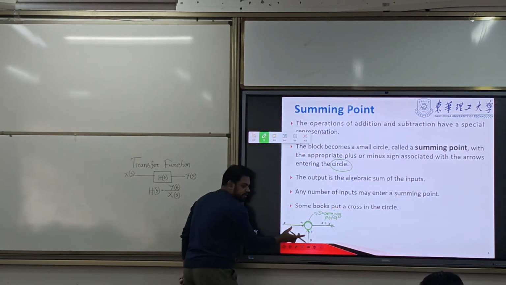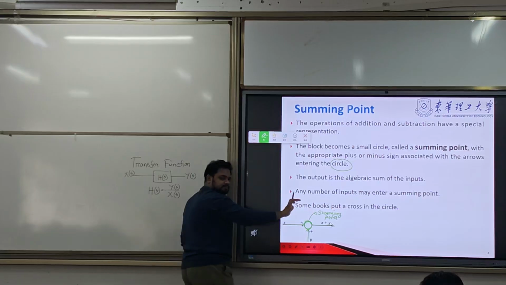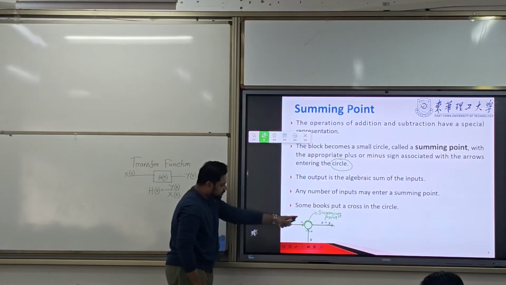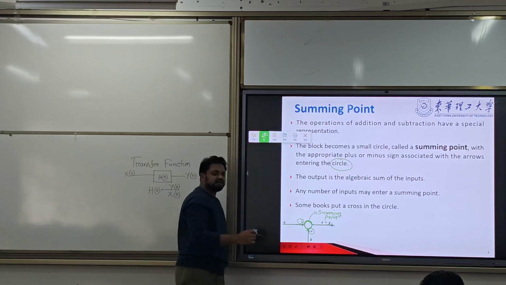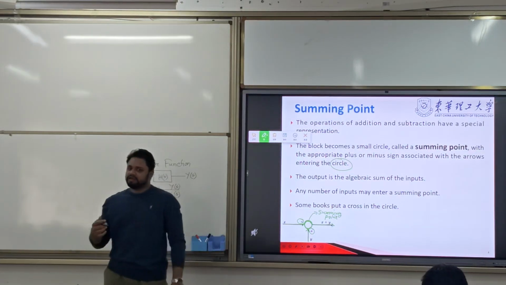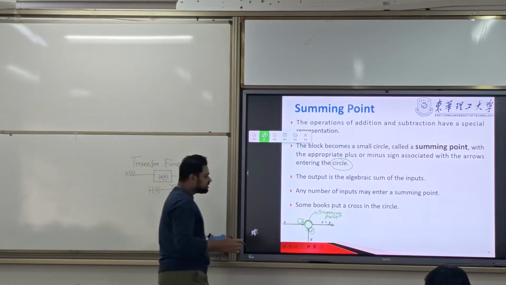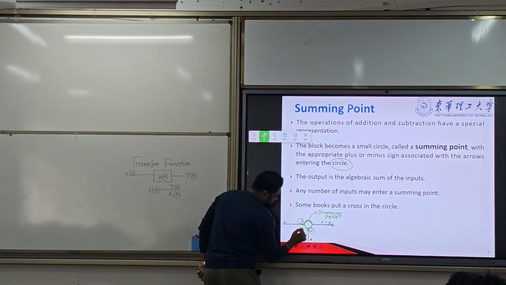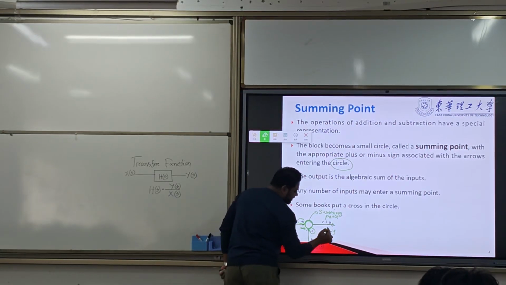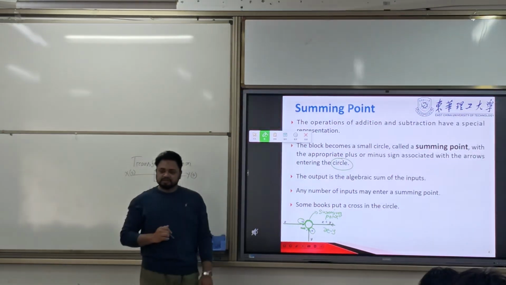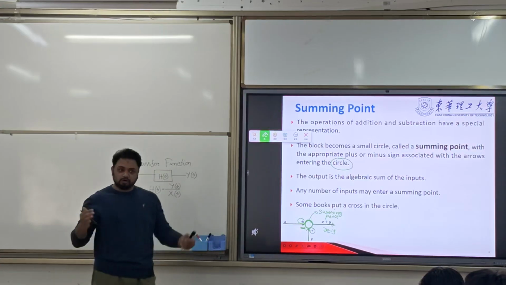The output will be x plus y, depending on which mathematical operation it is, addition or subtraction. If a minus sign is shown here, then it will be x minus y. This is the summing point.